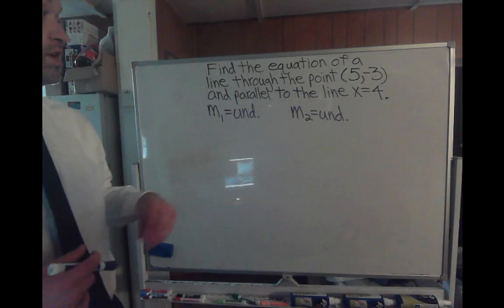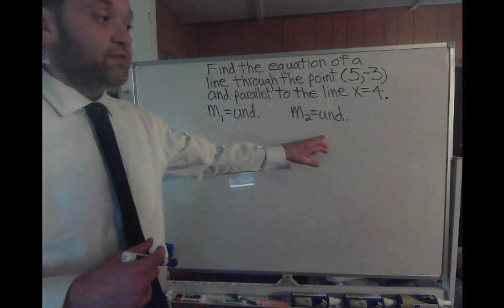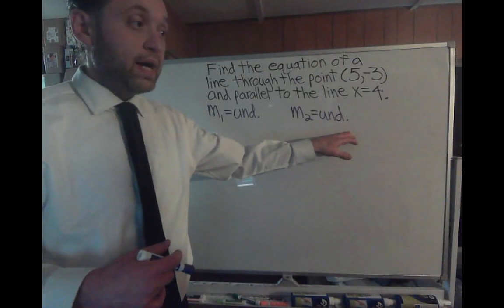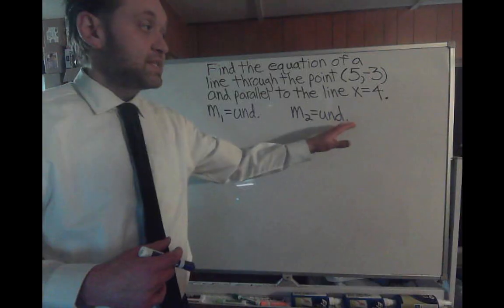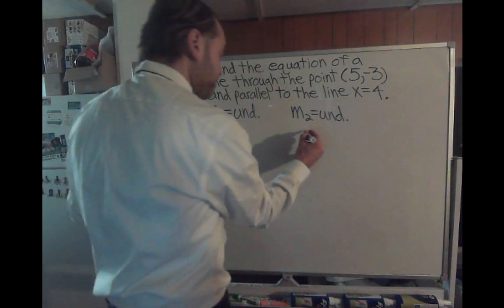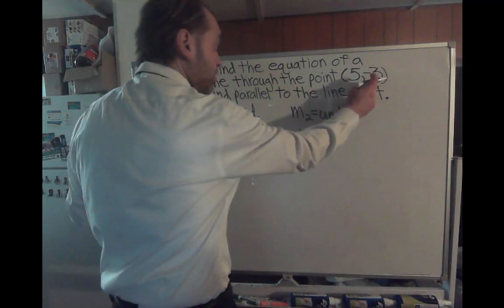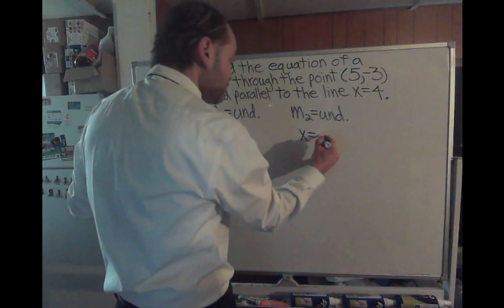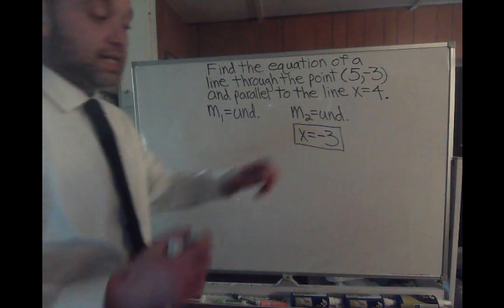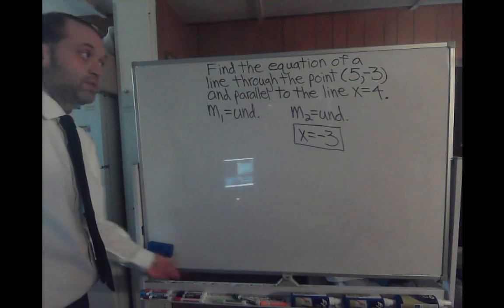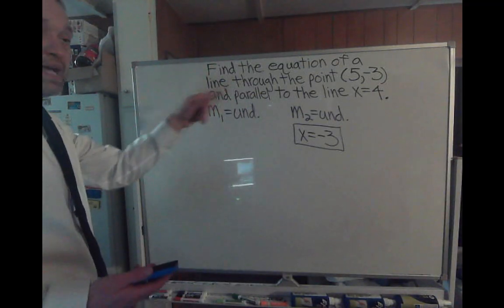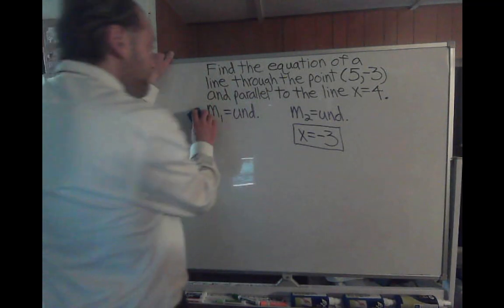If you have an undefined slope, part of the VUX thing is vertical line, undefined slope, x equals. It's going to be another vertical line through x equals the x coordinate of the point the line passes through, which I said would be -3. So the equation would simply be x equals -3 for the line that's parallel to x equals 4 passing through the point (5, -3).